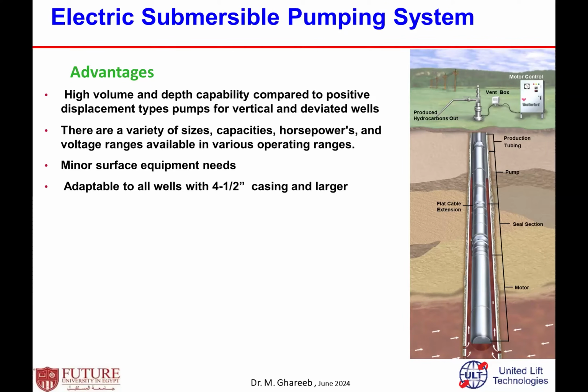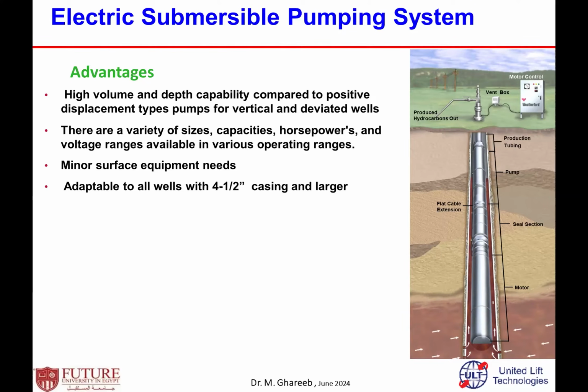Compared to the positive displacement types of artificial lift, like the reciprocating rod lift system, there are different sizes for this type of pump and downhole equipment, motors, and so on, with different configurations for the pump itself. It does not require heavy equipment or big tools.